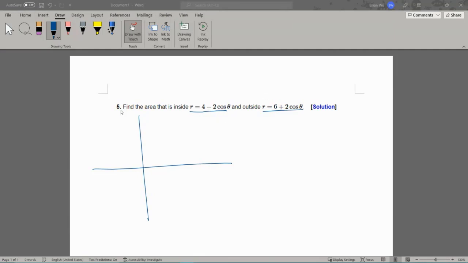Okay, we're starting with: find the area that's inside these two equations. So essentially, it's a polar area question. I think someone said that you generally have the picture already in your problem, so I'll go ahead and get a Desmos graph for that.